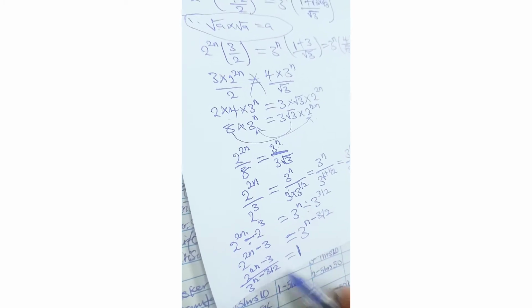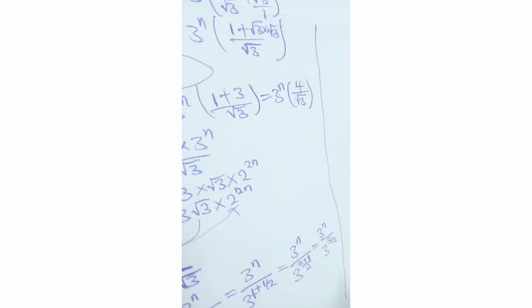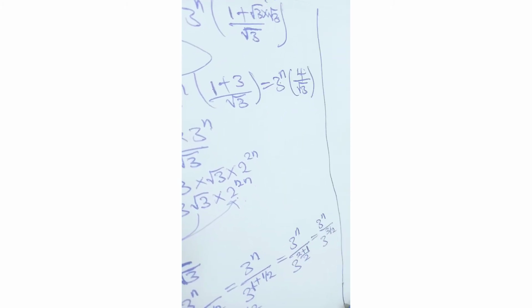Because when you cross multiply, you are still going to have back this expression. Remember. Now, let me just find a little space here to finish the remaining, to get the final answer.